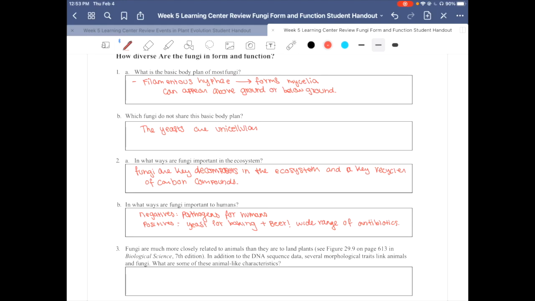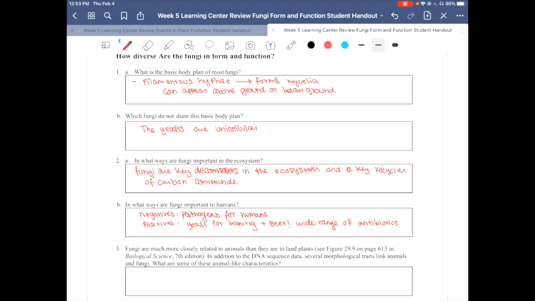Okay, so fungi are much more closely related to animals than they are to plants. And in addition to the DNA sequence data, there are also several morphological links between animals and fungi.